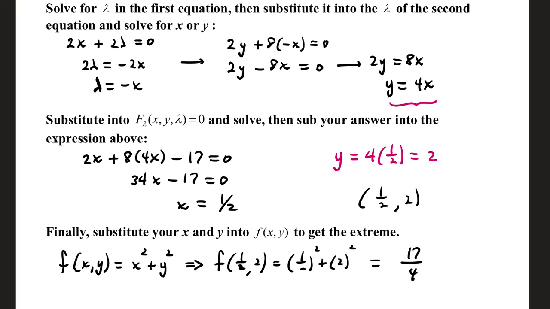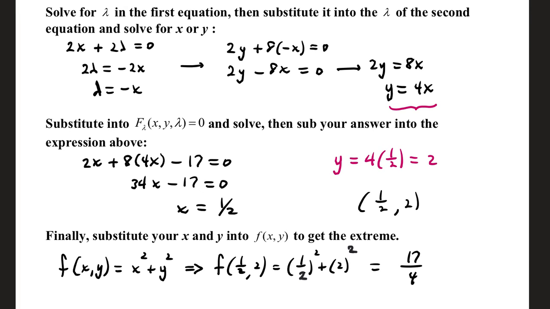Let me darken the ink up a little in here. That's a little hard to read, but that's 1/2 and that's a square. When the dust settles and you've made your calculation, you should get 17/4. And that minimizes the function in the beginning of the problem subject to the constraint given.